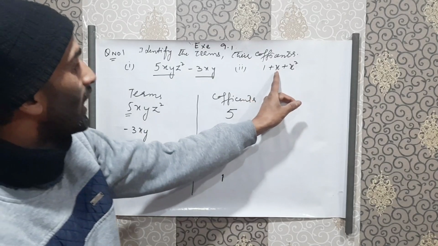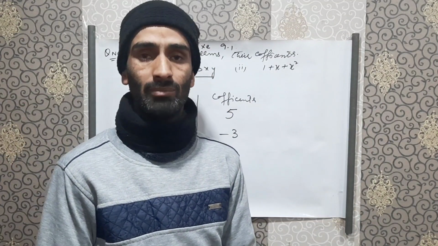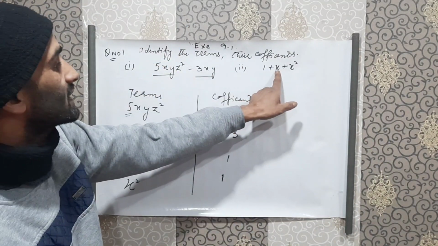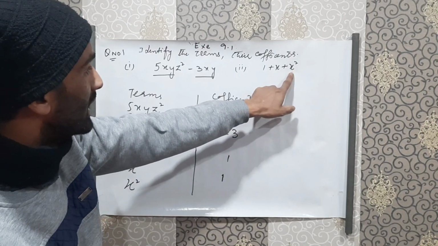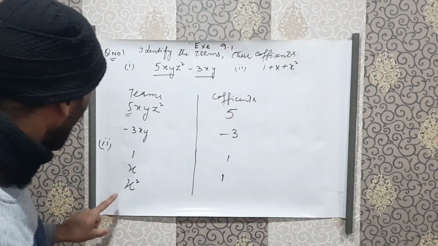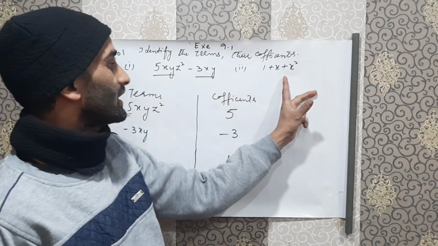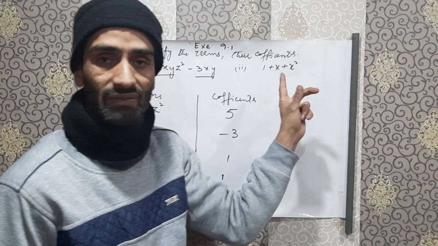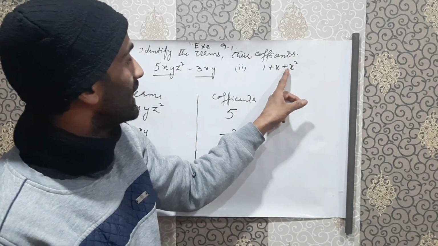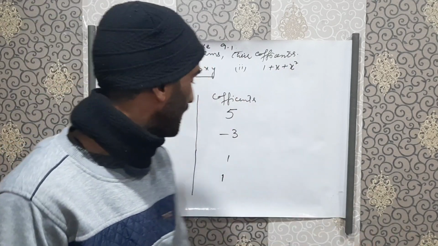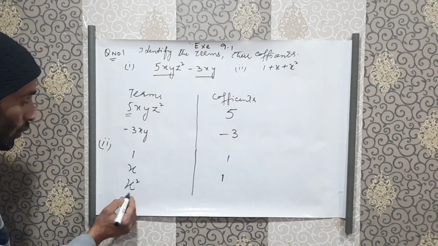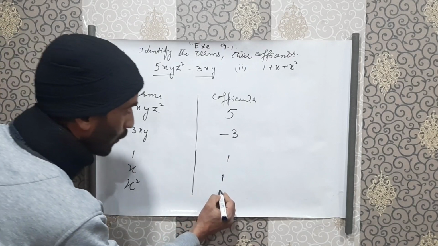Why 1? Because 1 into x again becomes x. So the coefficient of x is 1. Clear? And now the next, that is x square. There isn't any number written, but there is 1, because 1 into x square again becomes x square. So the coefficient of x square is 1.